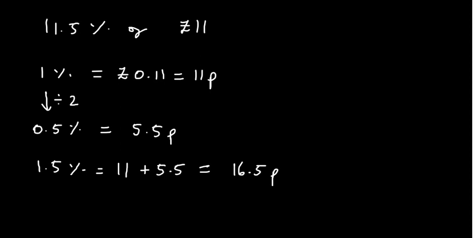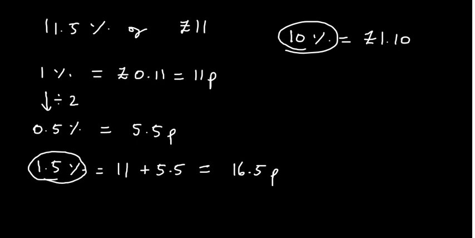And then 10%, I'll just write that here, 10% would be 11 divided by 10, so that would be £1.10. And then we would just add these two quantities together. So 10% plus 1.5% would give us 11.5%.